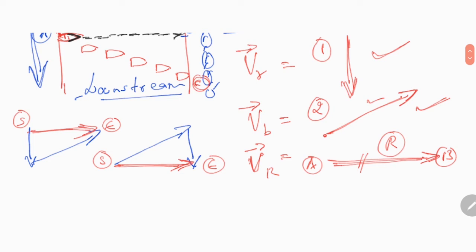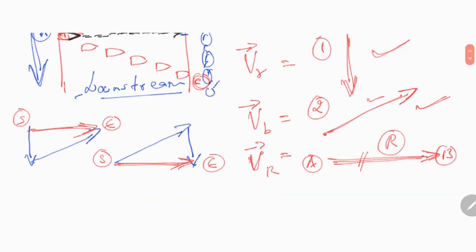Since we know the values, let us substitute the values. Now what is this? This is the velocity of the river, and this is the velocity of the boat. In this case, this is the velocity of the river and this is the velocity of the boat, right?